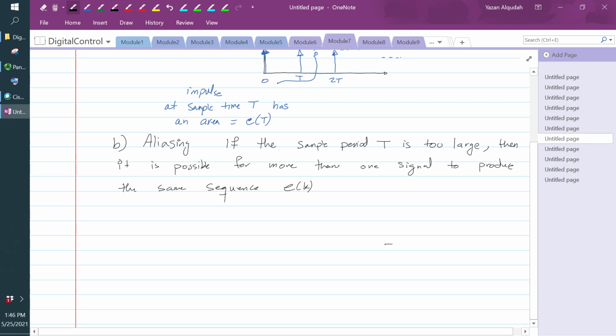What I'm going to do is plot two signals. The first signal looks something like this. It's a sinusoidal signal.